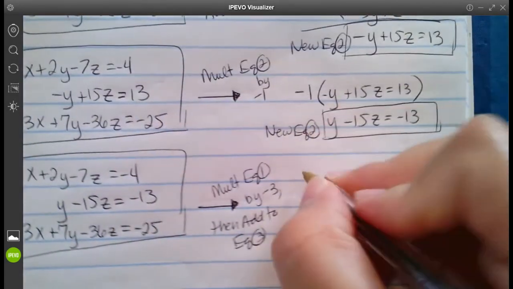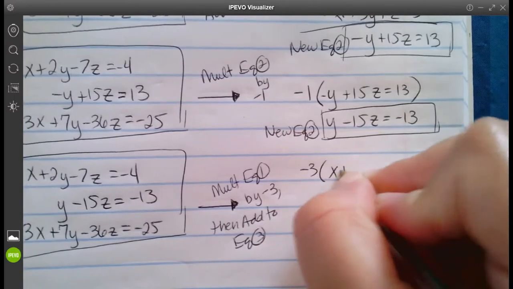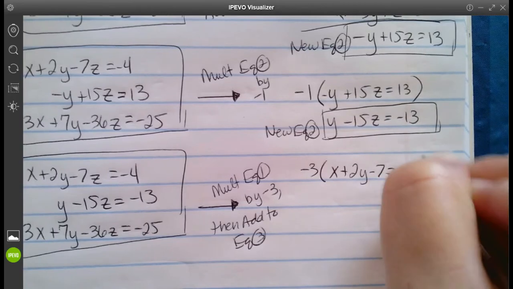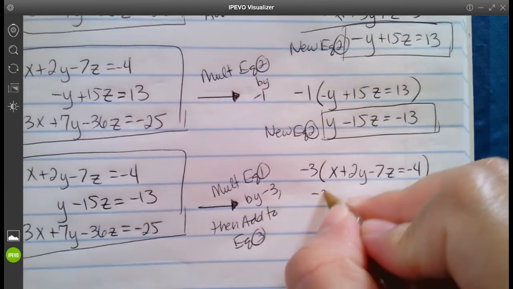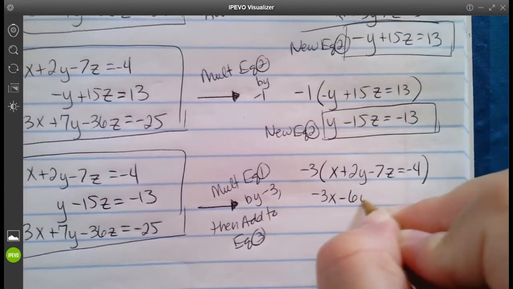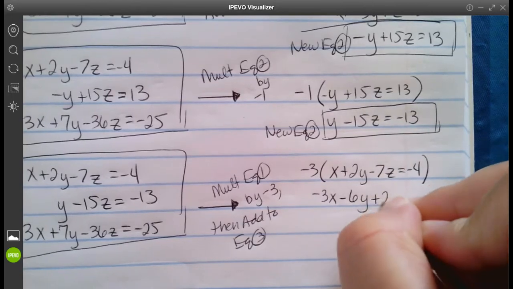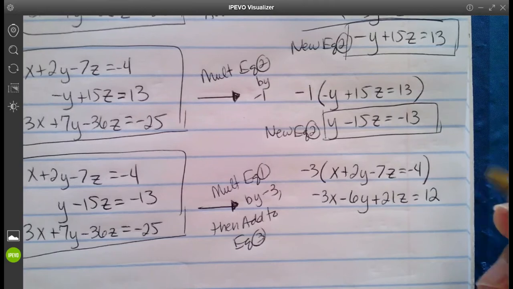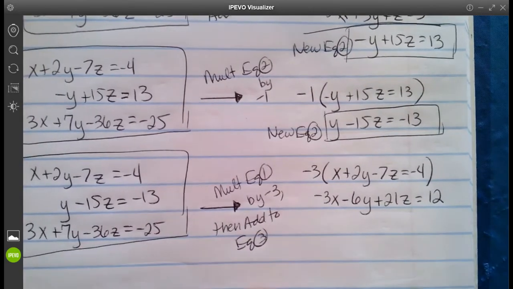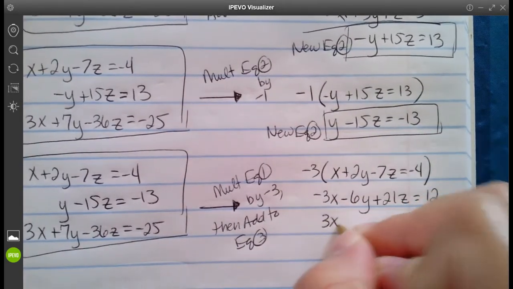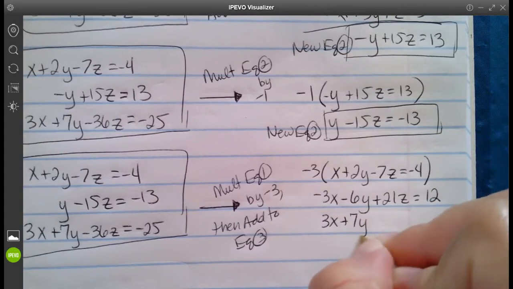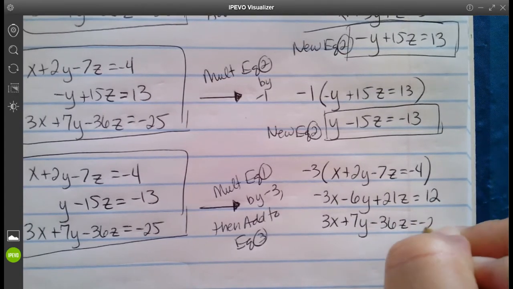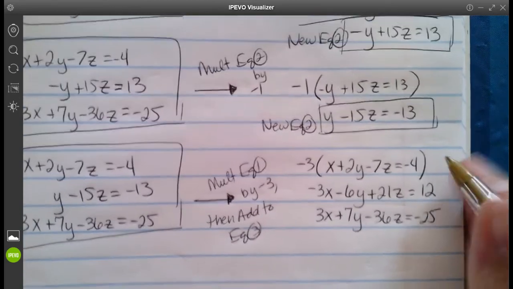So negative 3 times equation 1 gives us negative 3x minus 6y plus 21z equals 12. Let's bring over our equation 3: 3x plus 7y minus 36z is equal to negative 25.